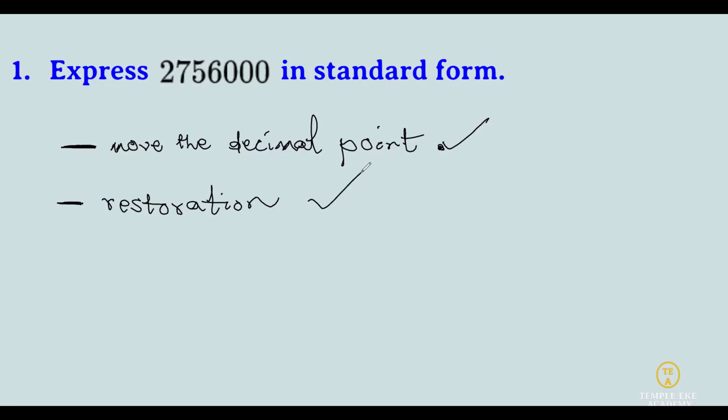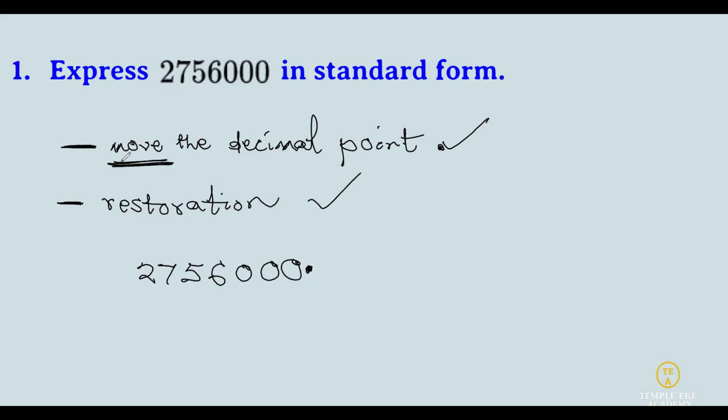Okay. So let me take 2756000. Locate the decimal point. Where is the position of the decimal point here? Anytime a figure is written and the decimal point is not shown, it means the decimal point is at the extreme right of the figure. That's the position of the decimal point.